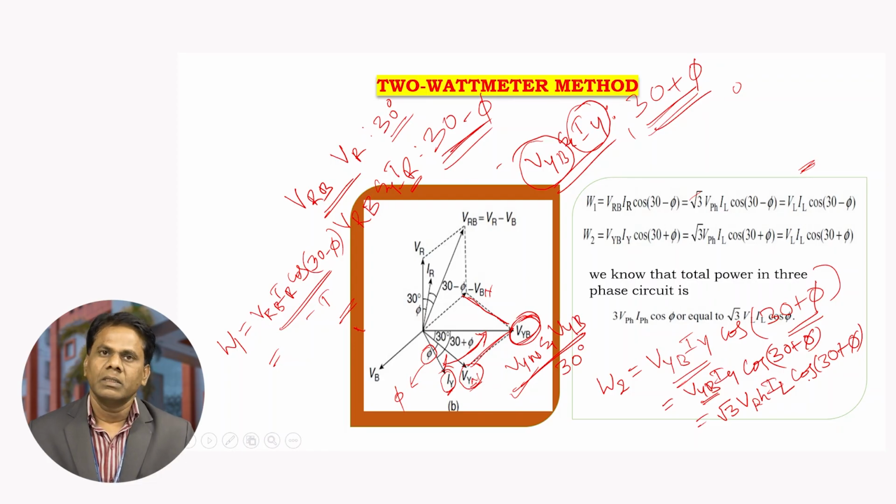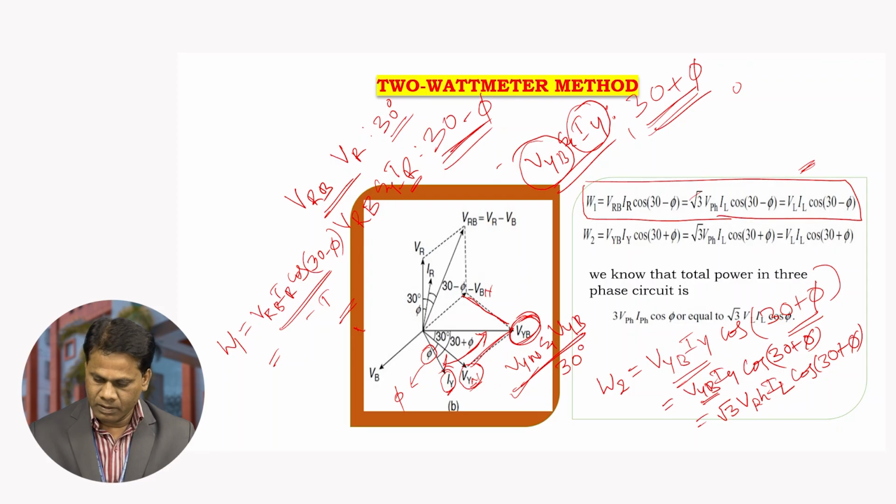So these are the readings of the two wattmeters: this is the reading W1 of wattmeter 1, and this is the reading of wattmeter 2.